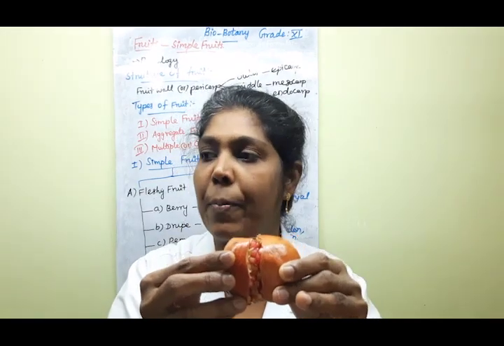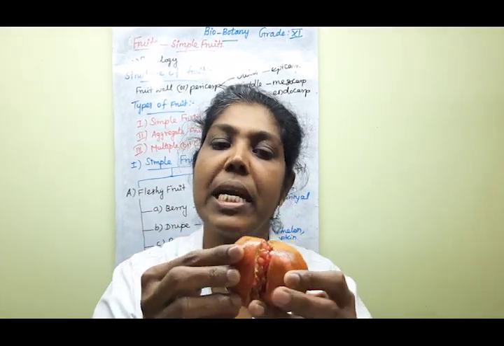Here the pericarp is differentiated into three regions, children.